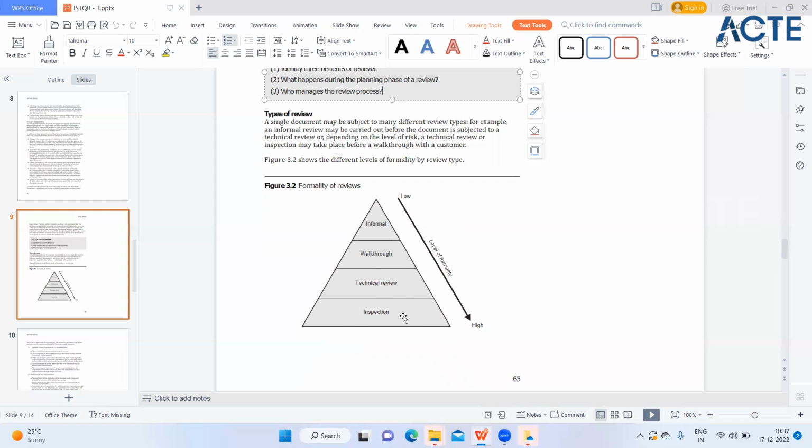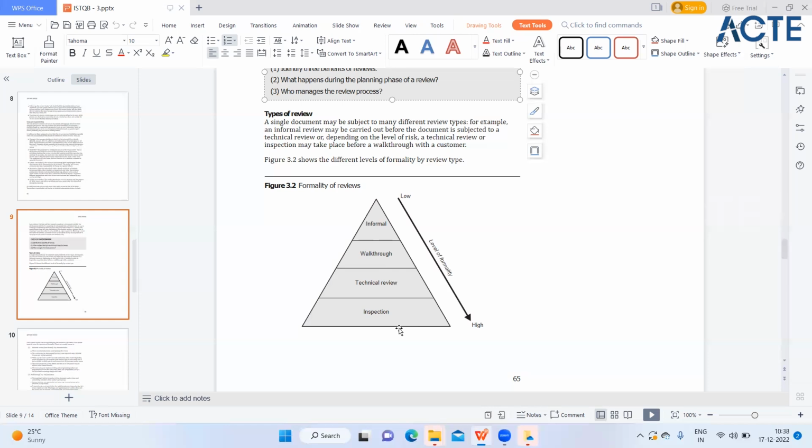Informal is the first, we know it has the lowest level of formality. Then we have the walkthrough meeting. After that, we have the technical review, and inspection is the most formal process. We will definitely see in later slides what all these are.